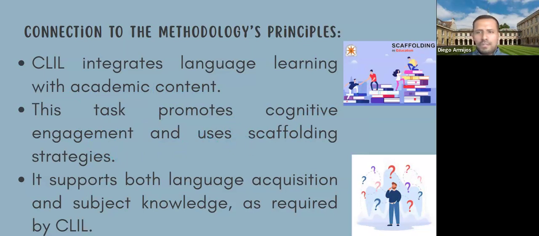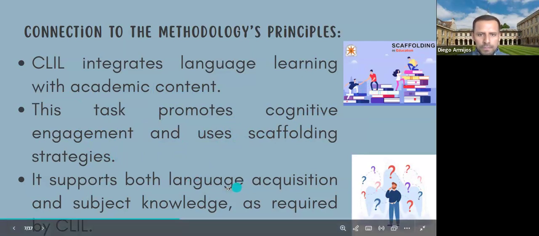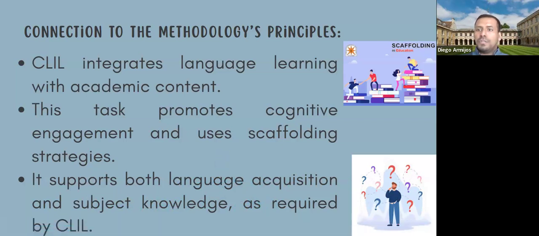If a student is a little bit better, that student can help the lower ones in order to reach the objective. It supports both language acquisition and subject knowledge, which is the main principle here, right? Not only learning English, but also different content, which is great because by doing that, students can reach the proficiency level in English, okay?